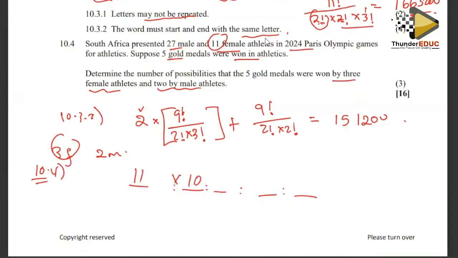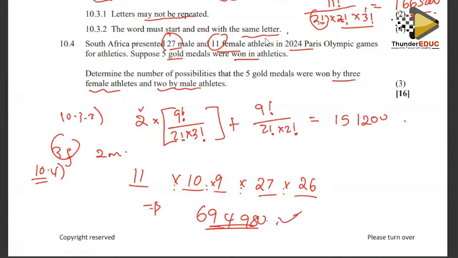Second position, third position. With the males, we have 27. We can choose from 27 and then 26, meaning that our final result should be 694,980. So these are the ways in which the medals would be won.